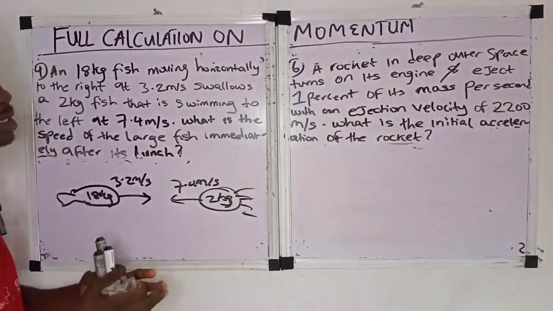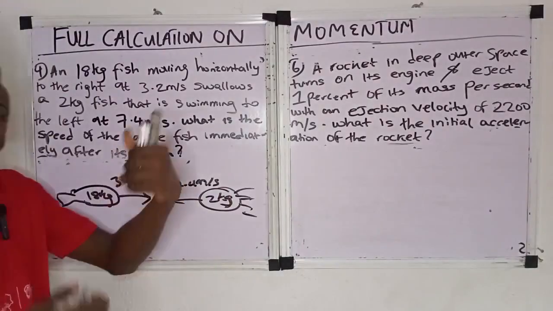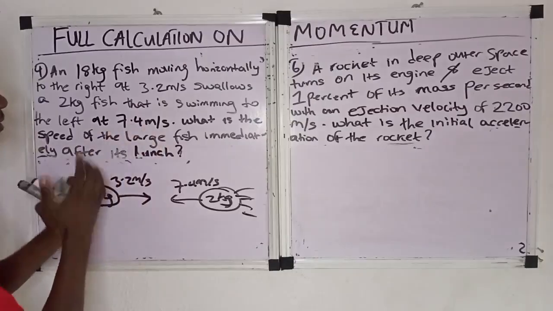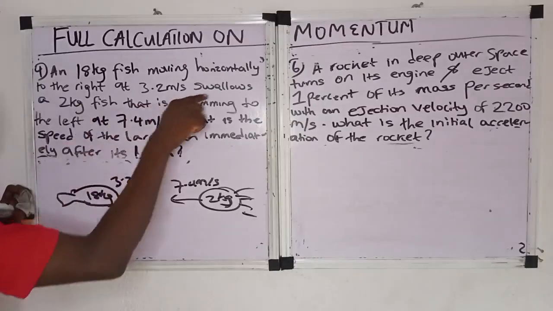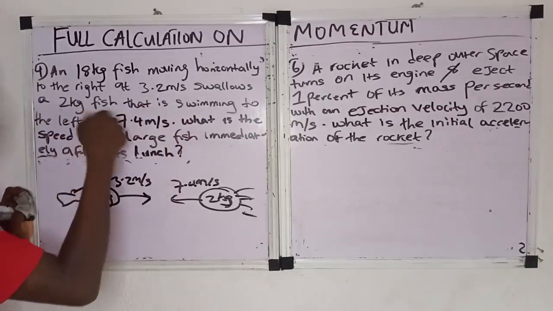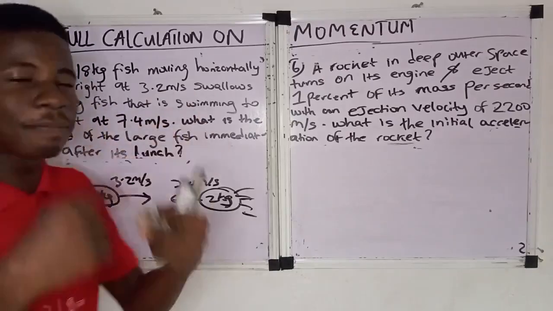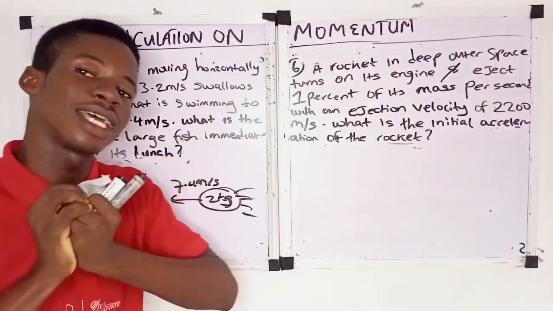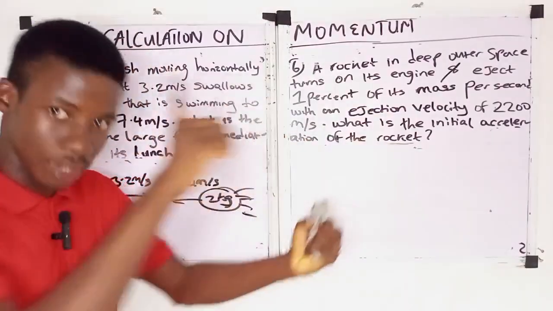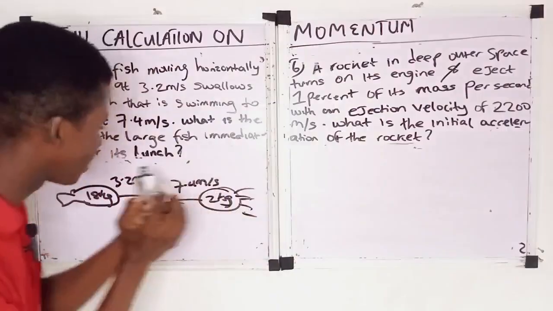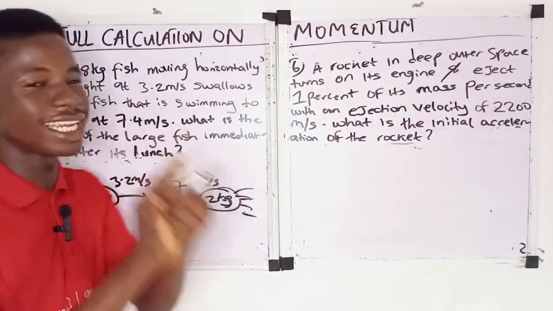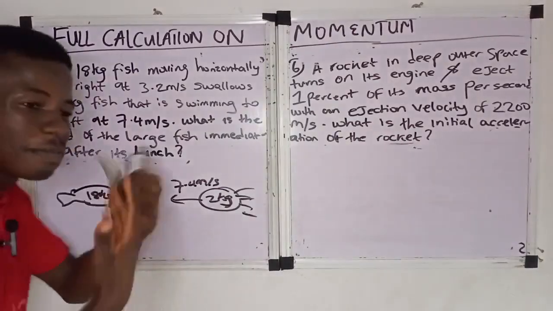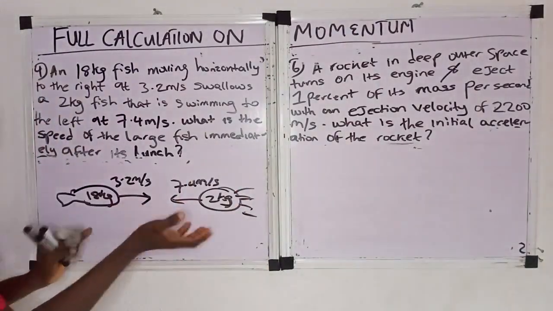This type of collision is known as perfectly inelastic, because after the collision, it says it swallows a 2 kg fish. In perfectly inelastic collisions, after two bodies collide, they start moving with a common velocity. They stick together. This is also an example of a perfectly inelastic collision, even though it involves fish.